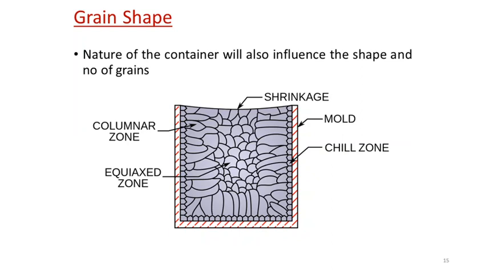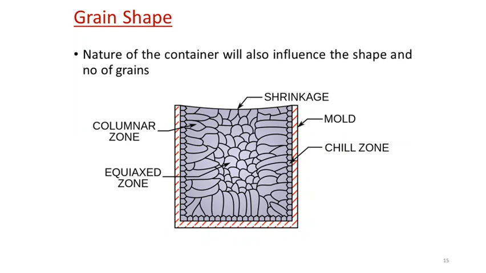Homogeneous nucleation means the nucleation process takes place randomly at the same rate throughout the entire molten metal. In heterogeneous nucleation, depending upon different factors, there will be a difference in the rate of solidification, or the rate of nucleation, in different regions. In a certain region where we have higher thermal conductivity, the heat transfer rate will be very high and the cooling also will be very fast.